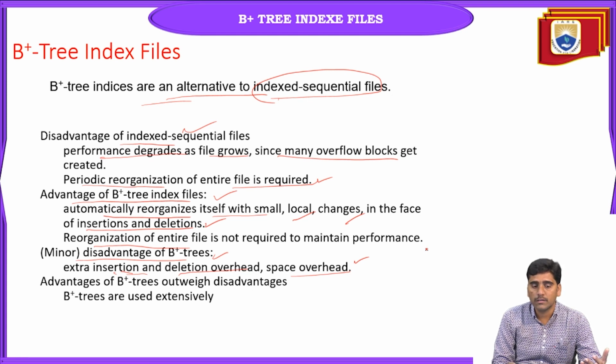Generally the indexing mechanism is used to search and retrieve records, but indexed sequential files have certain drawbacks, both for sequential and non-sequential files. To overcome those drawbacks, B plus tree index files were introduced.